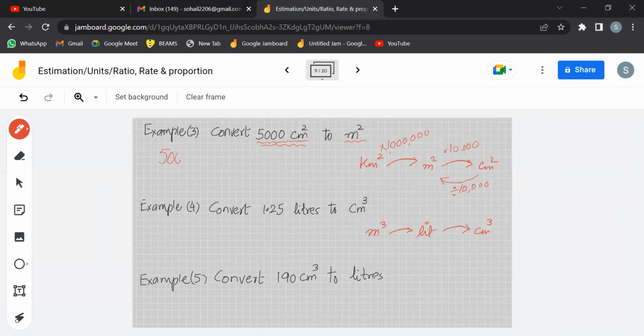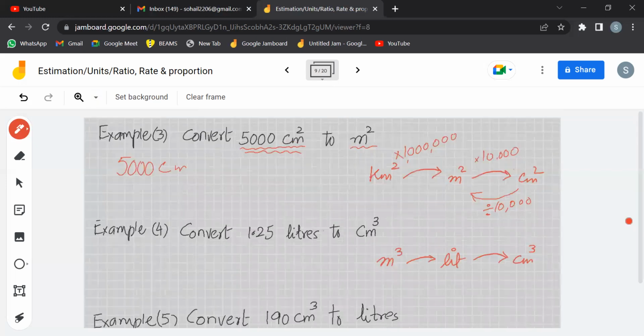So 5,000 centimeter square, from right to left, divide by 10,000. When you simplify three zeros with three zeros, the answer in meter square is 0.5 square meter.